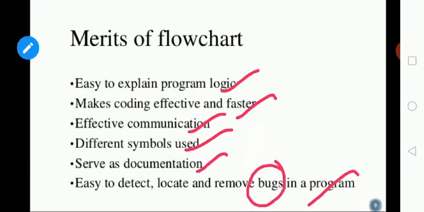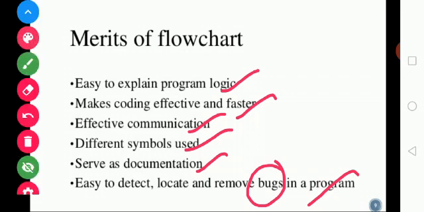I told you in the previous class itself, in your 7th, bugs, that is errors. As human beings, we usually make some errors in writing a program, isn't it? So removing the bugs, that is removing the errors, is easy in a flowchart. So these are the merits. Once again: easy to explain the program, makes coding effective and faster, effective communication, different symbols used, serves as documentation, easy to detect, locate and remove the bugs in our program.